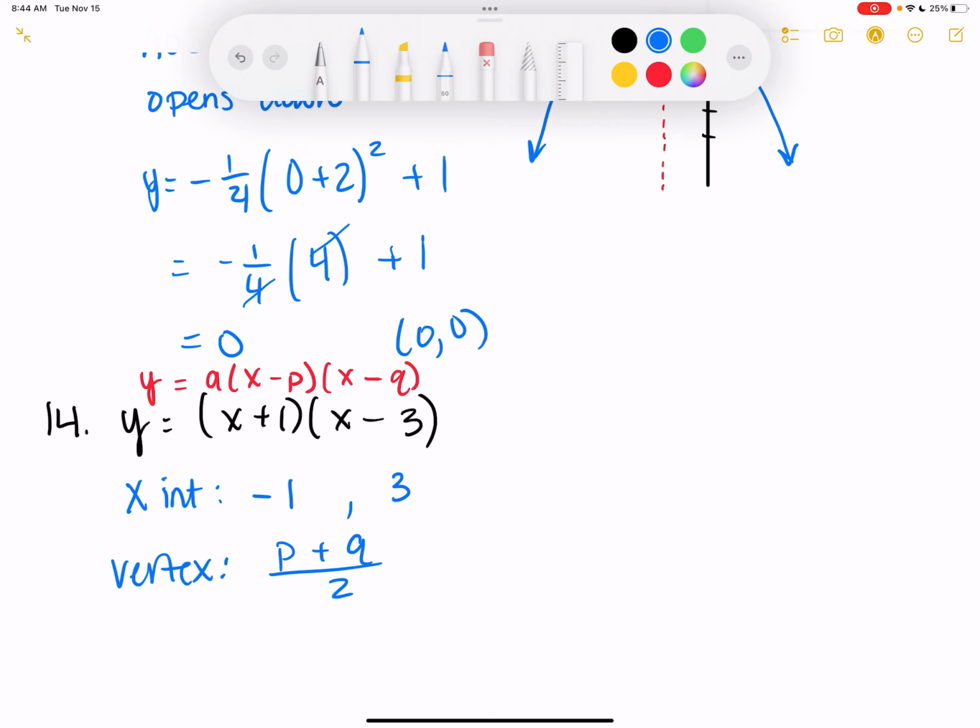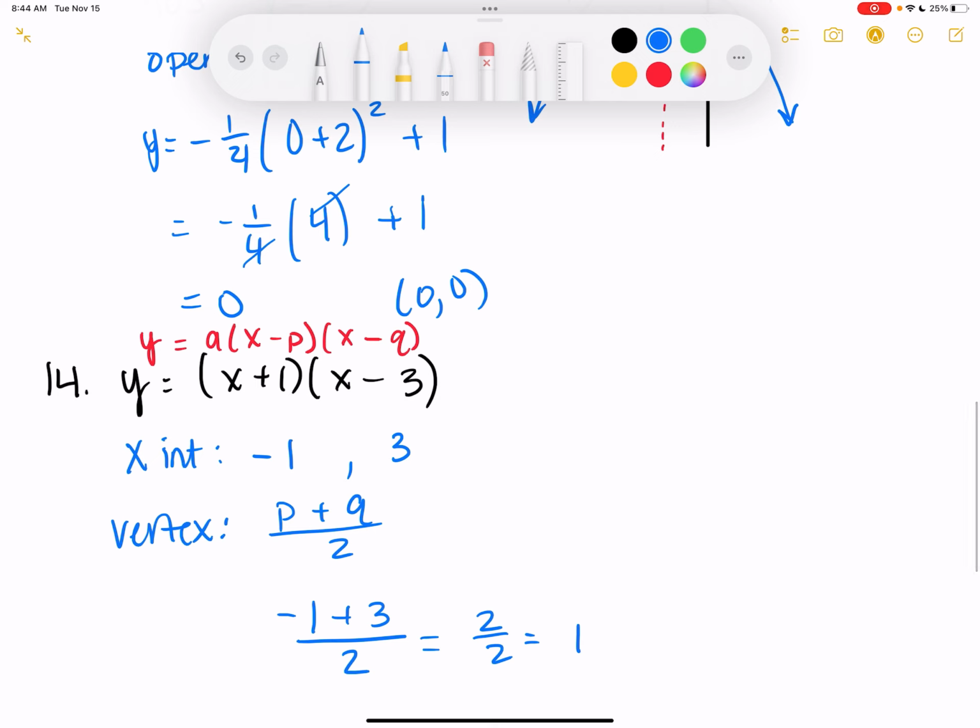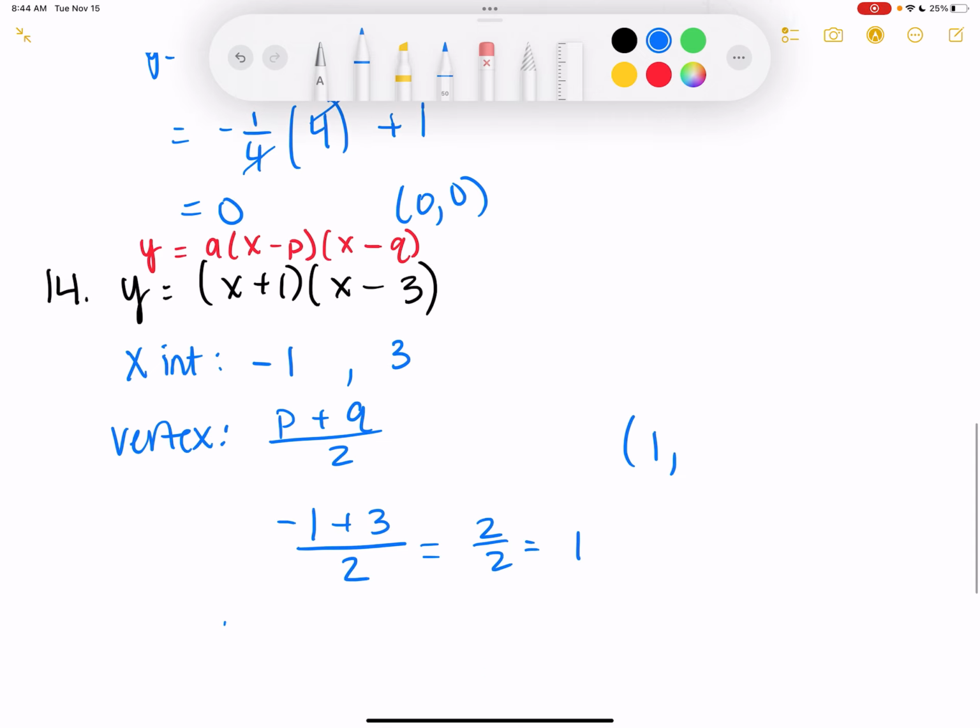We write them down. So -1 plus 3 over 2, which ends up being 2 over 2 is equal to 1. So the x value of my vertex is 1. I would have to plug this back in up here to find the y value. So if I plug it in, I've got y equals, parentheses, 1 plus 1 times 1 minus 3.